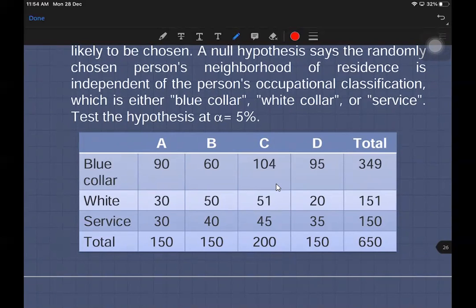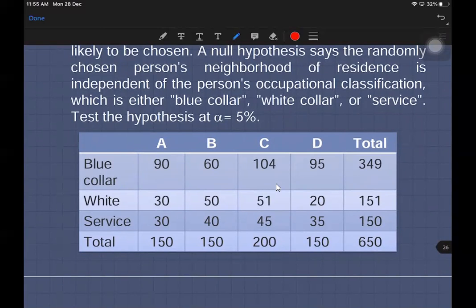Then the fourth step is to identify the critical value. Using the degree of freedom equals 6 and the area to the right, we look at the rejection region, alpha equals 0.05. What is your critical value? Then you compare step number 2 and step number 4.